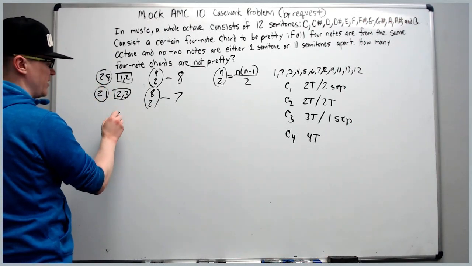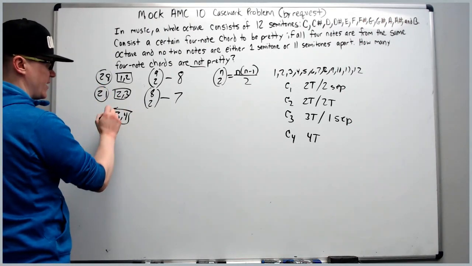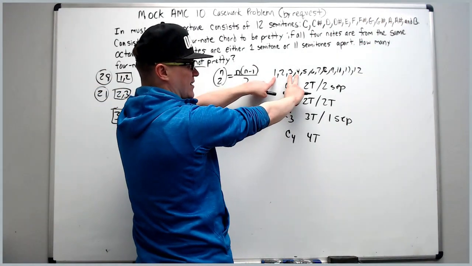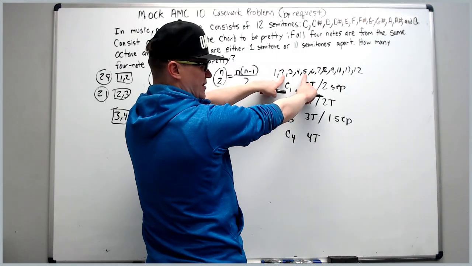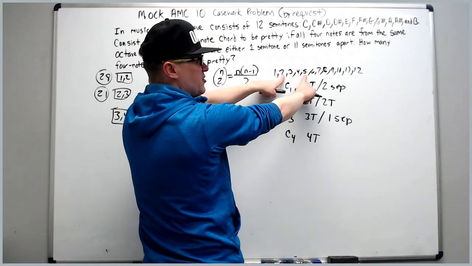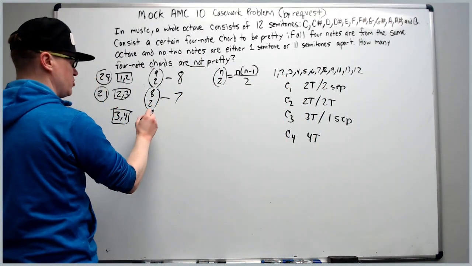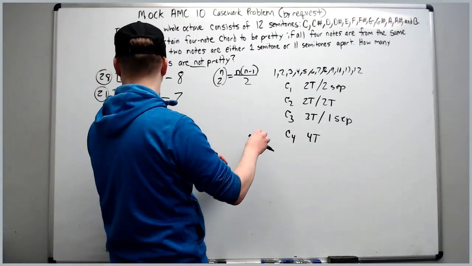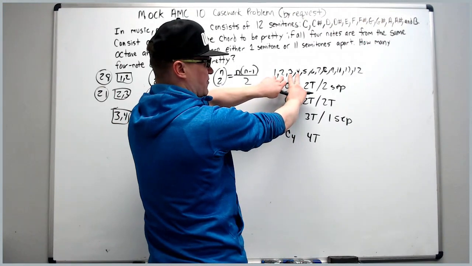Now what if you started at 3 and 4? If you had 3 and 4 as your starting point, you now have access to 1. You don't have access to 2 through 5. So you still have 8 terms to choose from, 8 choose 2, but you're not going to subtract 7 this time. That's because I can't have the 1, 2 here.